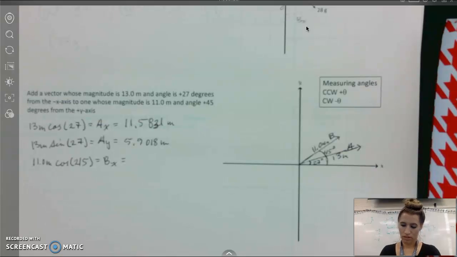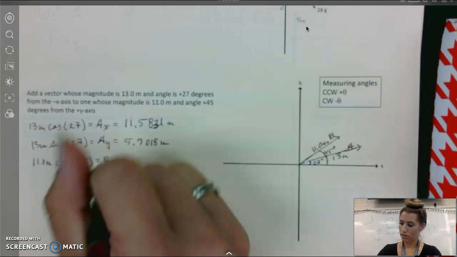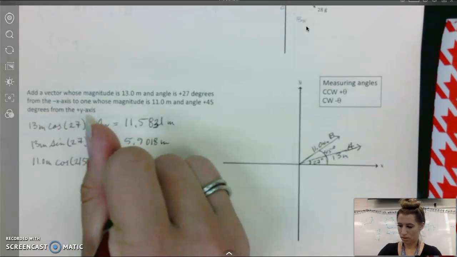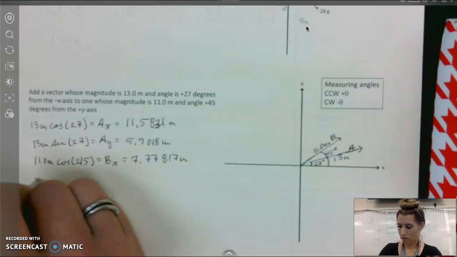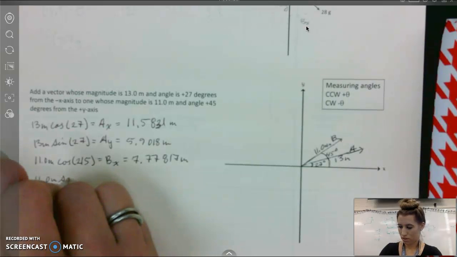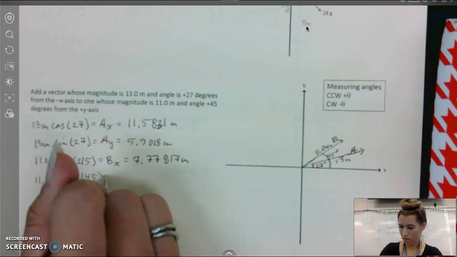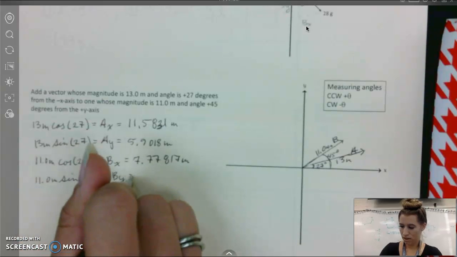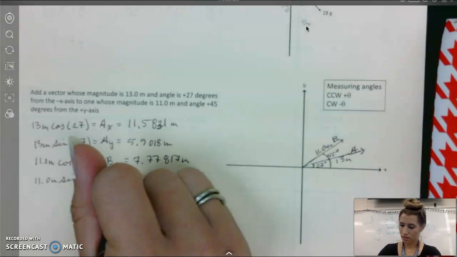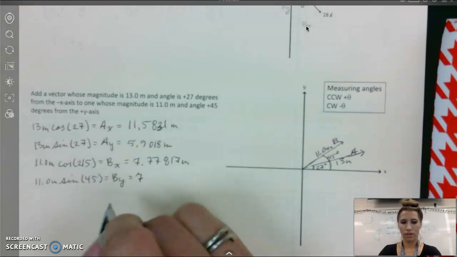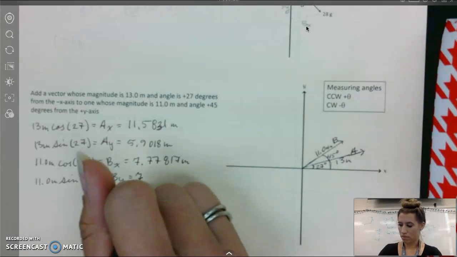So 11 times the cosine 45, so that's 7.77817, and then we're going to do 11 meters sine 45, should be b sub y, and we should expect the same number because cosine of 45 and sine of 45 are the same.